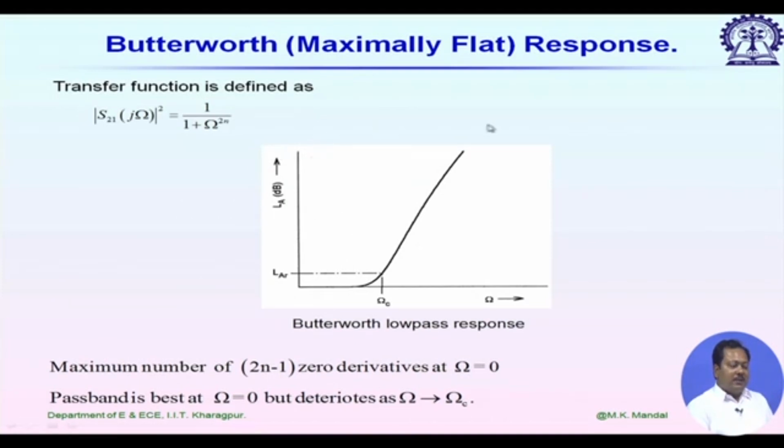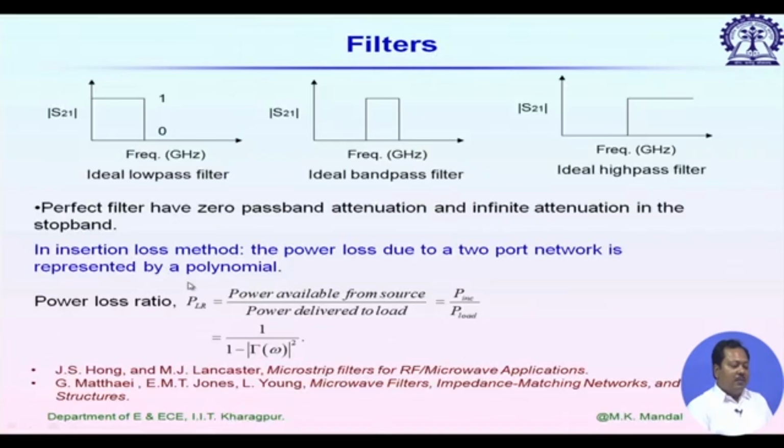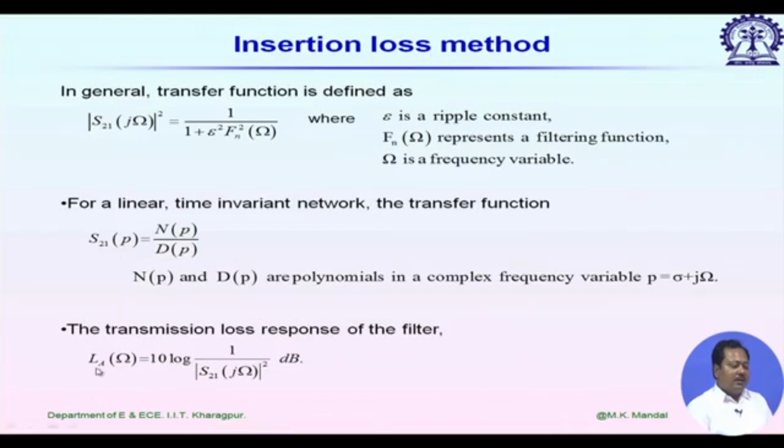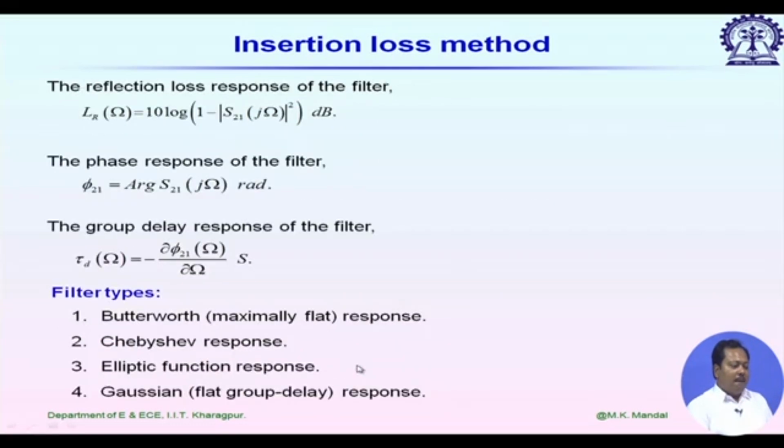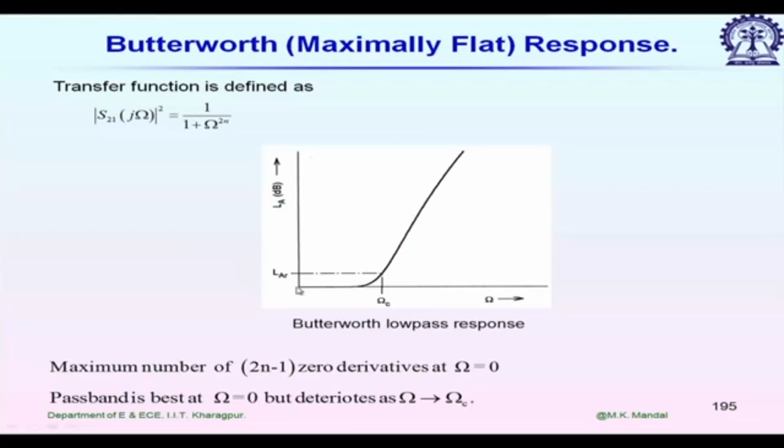For the Butterworth response, the S21 squared transfer function is represented as 1 over 1 plus capital omega to the power 2n. If I plot the loss, defined by LA equal to 10 log of 1 by S21 squared, we will have a low pass type response, as you can see here.